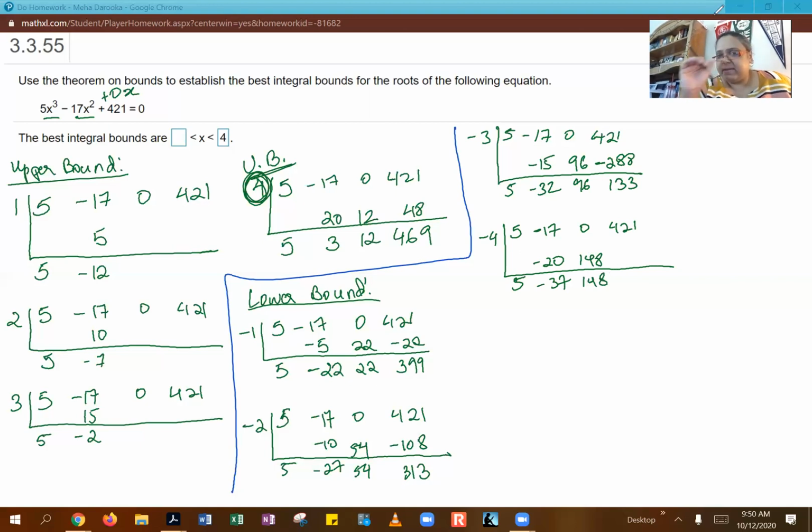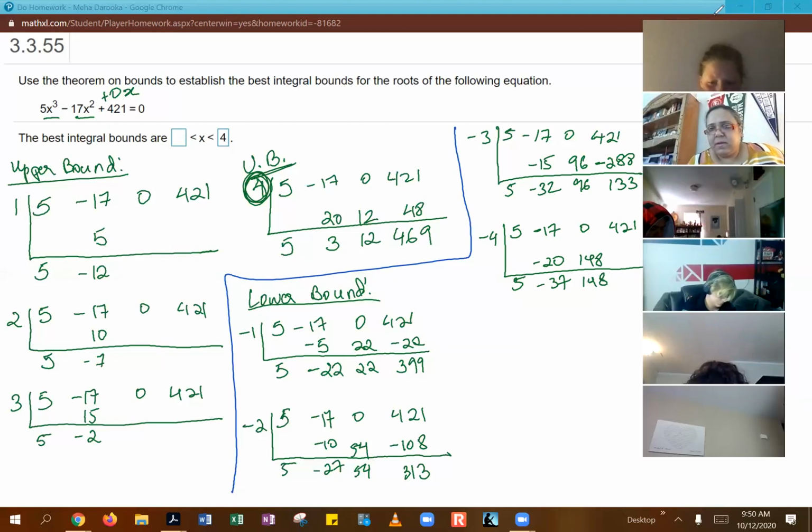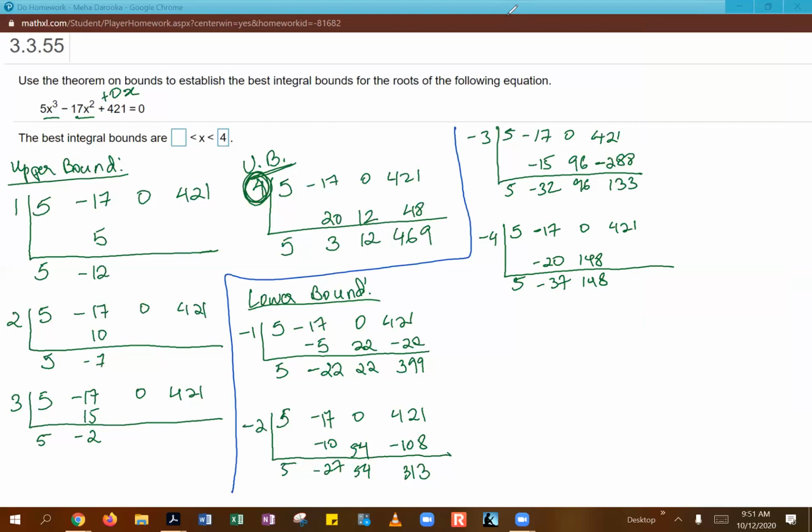So what do we get, guys? I got 4 as my lower bound. +4, -4? -4, okay. When you multiply 148 with -4, you get -592.